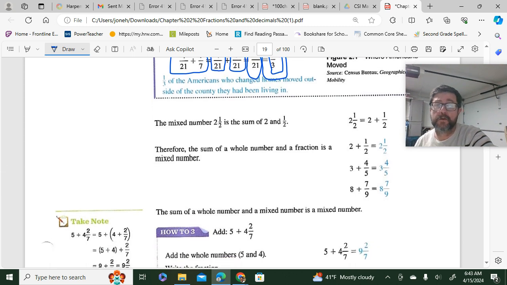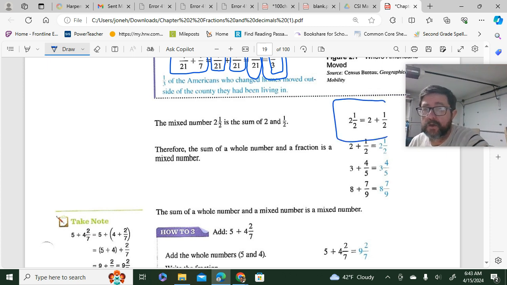Okay, the mixed number is the sum. The mixed number 2.5 is the sum of 2.5. Therefore, the sum of a whole number and a fraction is a mixed number. That's showing this over here. 2.5 equals 2 plus a half.